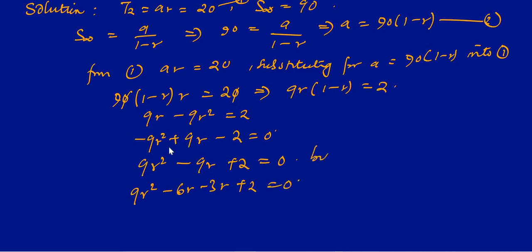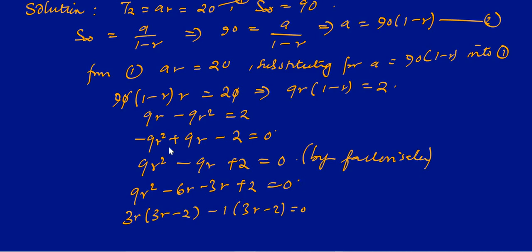That's by factorization. So what is common here is 3. So this should be 3R bracket 3R minus 2 minus 1 bracket 3R minus 2 is equal to 0.